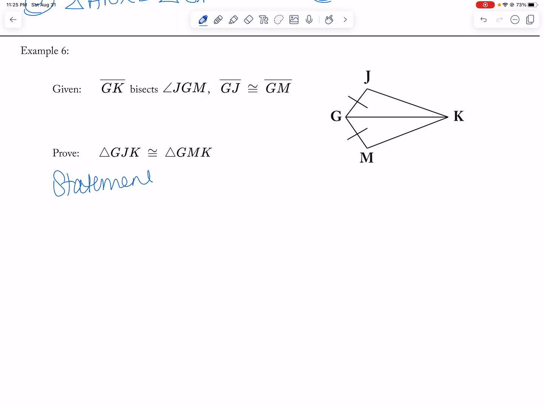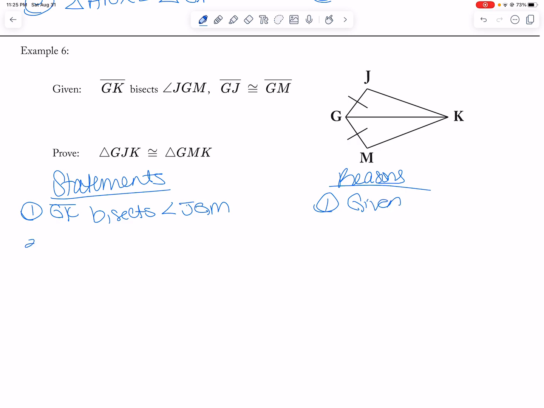So statements, reasons. Okay, so now GK bisects angle JGM, and that is given.